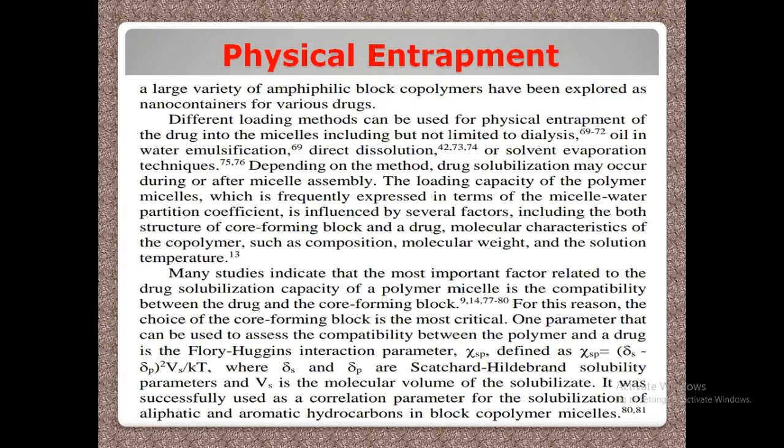Different loading methods can be used for physical entrapment of the drug into the micelles, including but not limited to dialysis, oil in water emulsification, direct dissolution, or solvent evaporation techniques. All these are used for physical dissolving of the drug, that is entrapment of the drug.